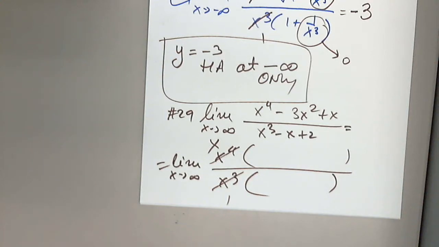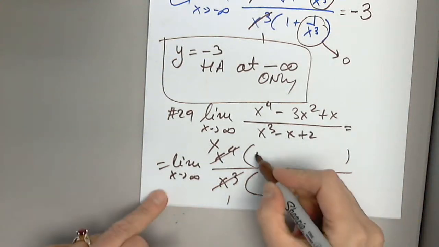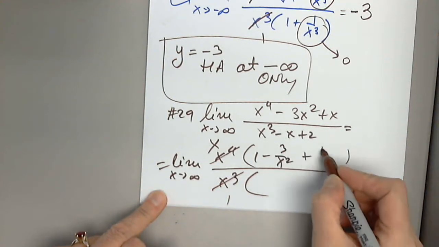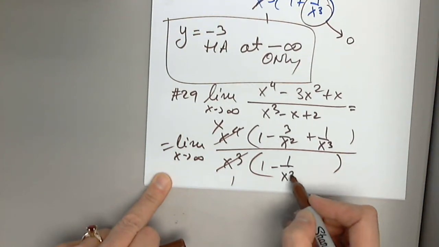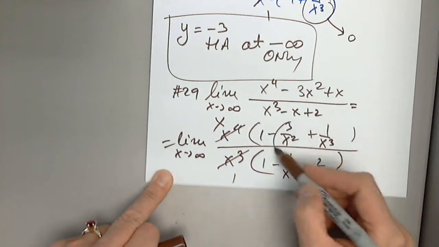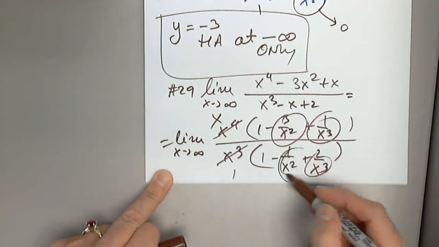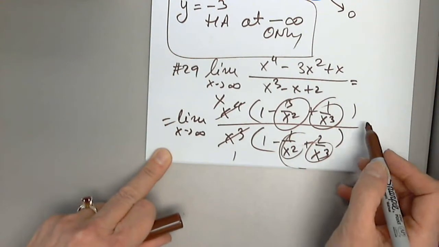Yes, of course. So we have 1 minus 3 over x squared plus 1 over x to the third, and we have 1 minus 1 over x squared plus 2 over x to the third. All these are 0. 1 over 1 with x in front is infinity.